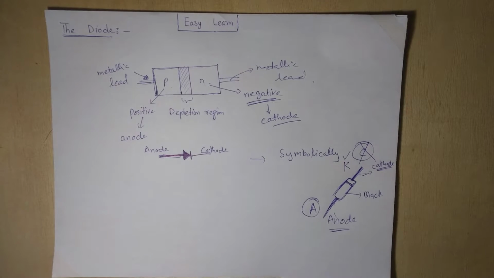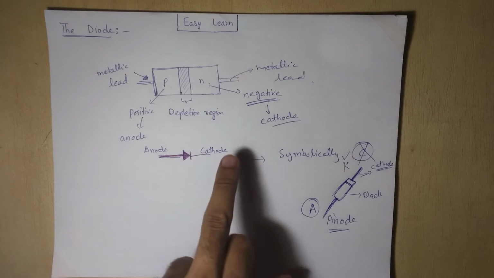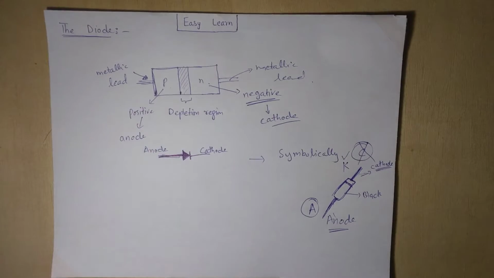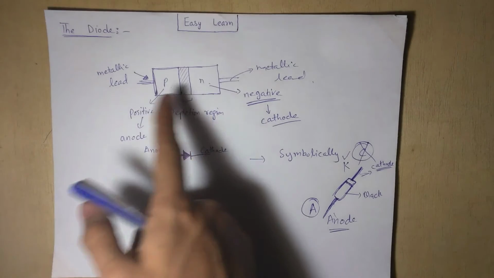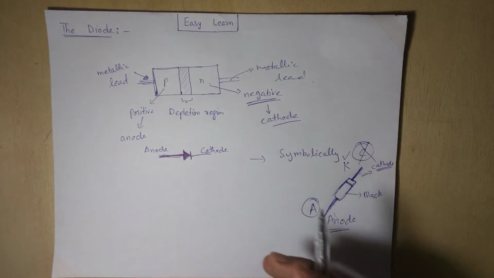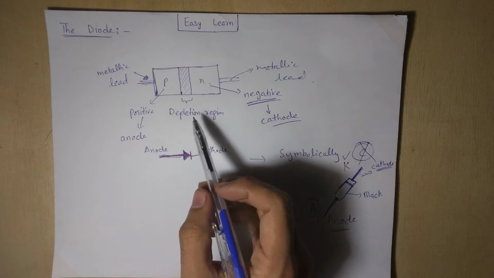Now, if we want to bias this, meaning if we want to provide electric current to its terminals, there are two terminals available. If we have a battery DC source, there are two conditions.